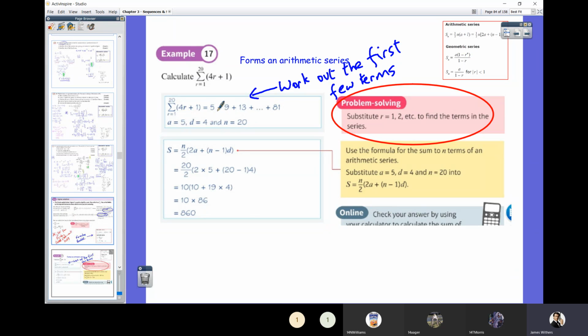Clearly we can see we're going up by 4, and that our first term is 5. We know there are 20 terms from the number at the top of sigma. By the way, I've no idea why we say r equals 1, but we don't say r equals 20. That's what it means, but for some reason we only write the r equals bit at the bottom. So back to this question: a is 5, our common difference is 4, and we've got 20 terms. Then you just plug it into the appropriate arithmetic series formula.